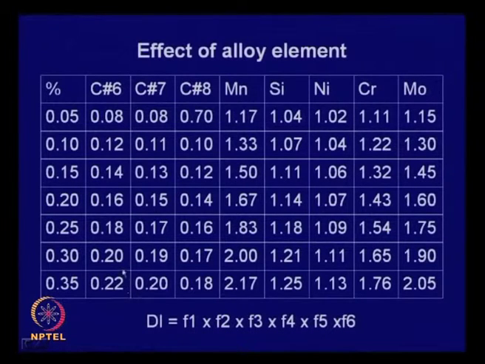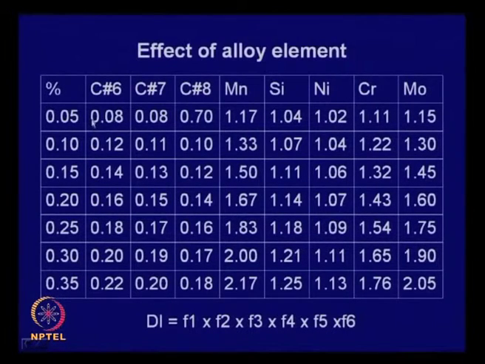This is the hardenability factor. This has a higher hardenability, say 0.22, whereas here it is 0.18. So, that means up to 0.22 inch you get a proper hardness, whereas in this particular case only up to 0.18 inch if your grain size is fine.